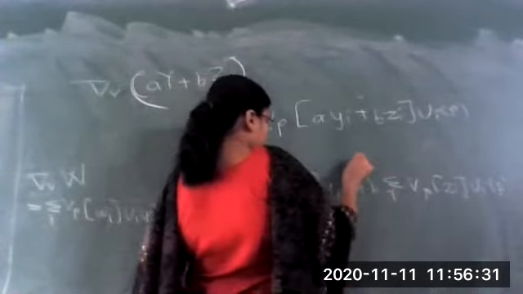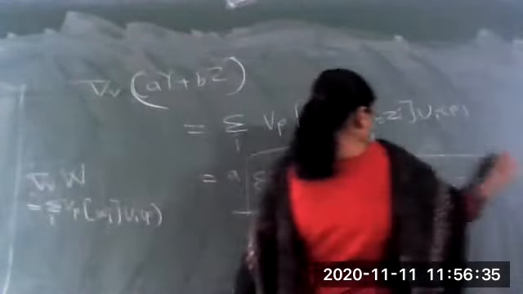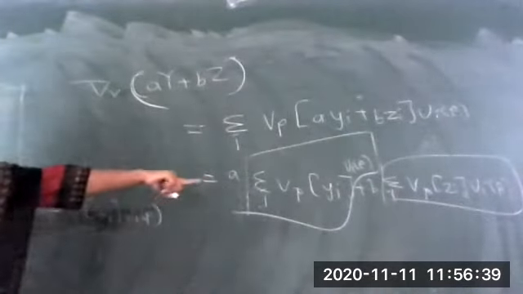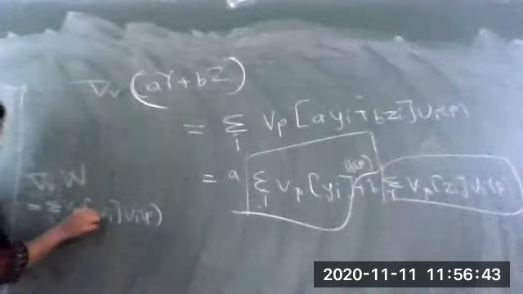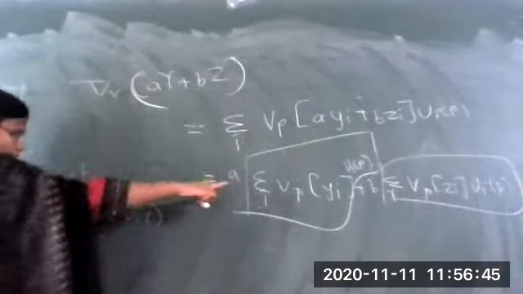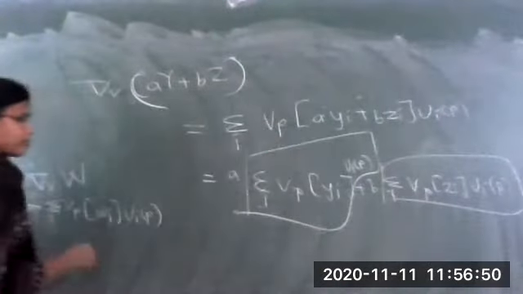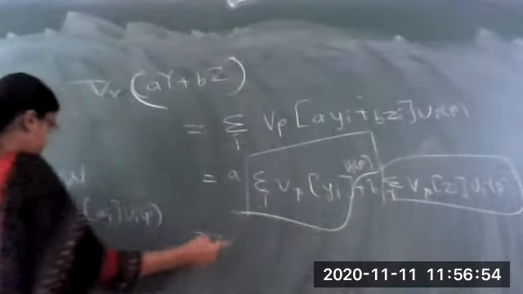Let me write down Ui at a point P here also. So what will be the answer of this? Since a and b are scalars, I can take them outside. What is the answer of VP? The directional derivative of Yi in the direction of the tangent vector VP. So instead of Wi, here we have Yi, and instead of Wi we have Zi, and the tangent vector VP is as it is. So what can I write about this one?